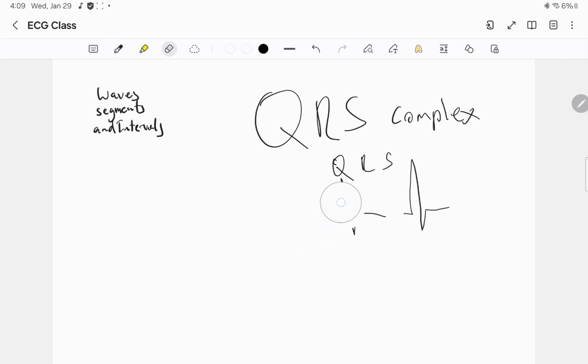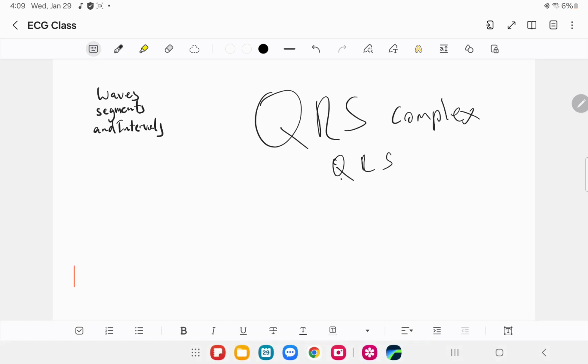So how do we label these waves? How do we know what is what? Well, first thing is first. I think I'll type this one as well.